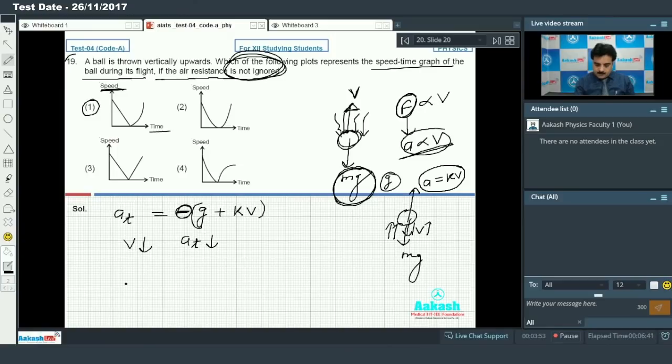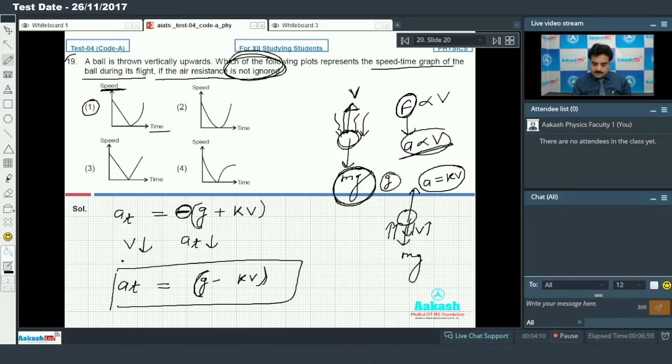So we'll write the tangential acceleration for the downward journey as g minus kv. But this time acceleration due to gravity is acting downward and kv is upward. So this is the equation for tangential acceleration.